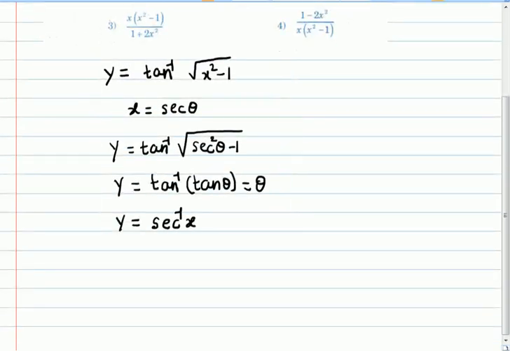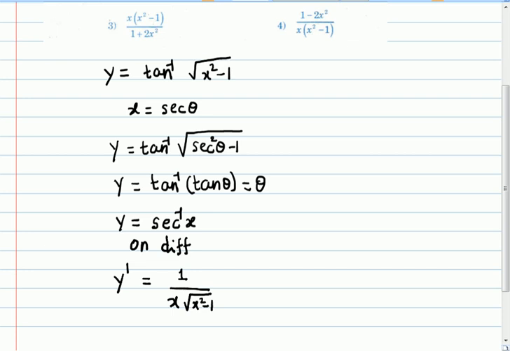Therefore on differentiating, we'll get y dash is equal to 1 divided by, so you must remember the differentiation of secant inverse x is 1 divided by x into root of x square minus 1. This becomes the y dash value.